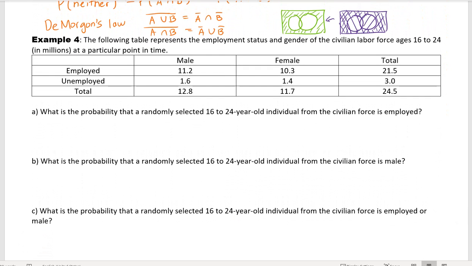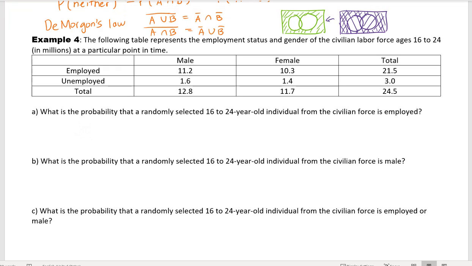The following table represents the employment status and gender of the civilian labor force age 16 to 24 in millions at a particular point in time. We have unemployed, employed, total, and we also have male, female, and total.